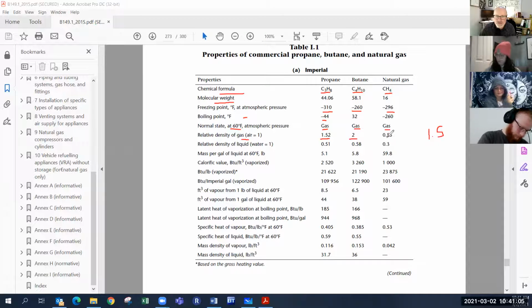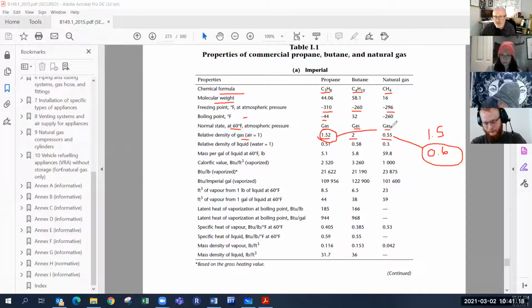Butane is 2. Natural gas is 0.55, but we usually use 0.6 for natural gas. That is one thing that we do. And this 1.52, we usually just make it 1.5. So that's where there's a little difference.